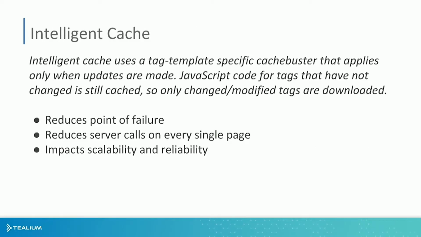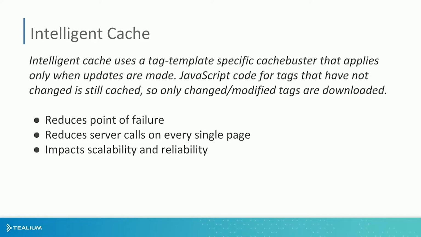Intelligently caching, so cache busting on all the files. I'll give you a pointed example of this, forgive me if it gets a little too technical. Essentially, when you're working inside of Tealium's UI, you have the opportunity to update the analytics vendor. Maybe you're scoping new information to the analytics vendor.